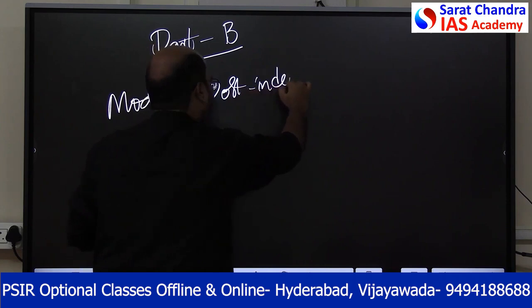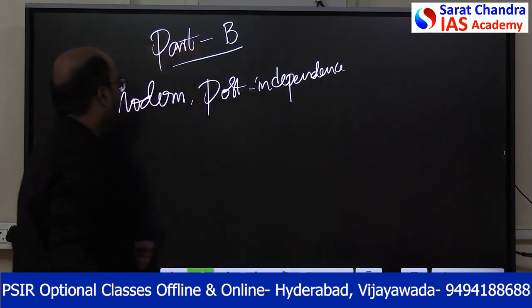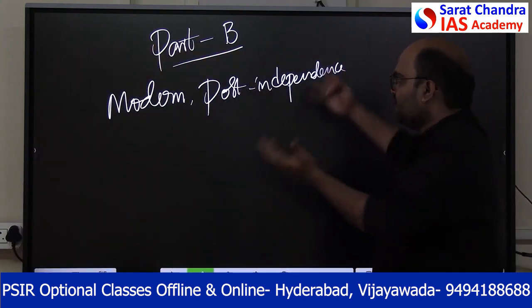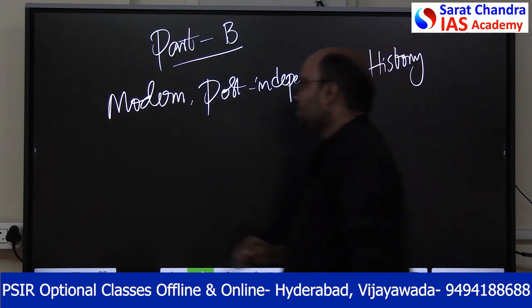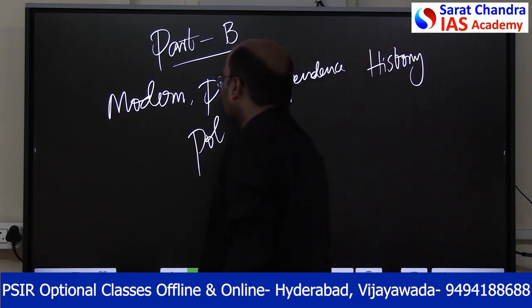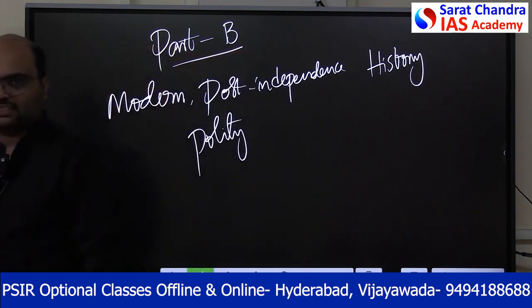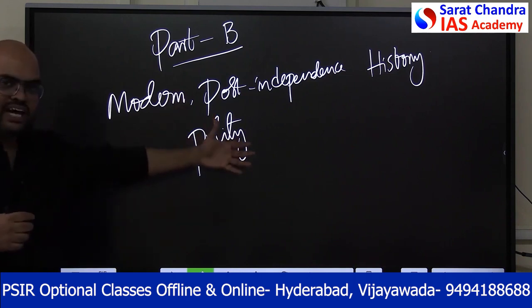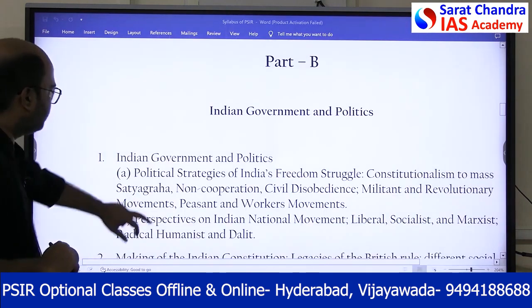If you have fairly good knowledge of modern history and post-independence history, you can very easily answer questions from part B. And you must have fairly good knowledge about polity, the static part of polity. If you have fairly good knowledge of these two, you can very easily answer questions from part B. Okay, now let us cover part B.